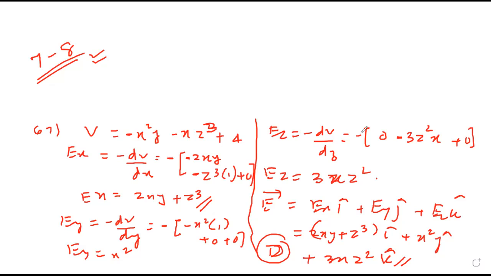Everybody is done? Yes, sir. Okay, 68. Figure shows points A, B, and C in the region of uniform field, and the field is going to the right side. That means when you travel in the direction of field, potential will decrease.